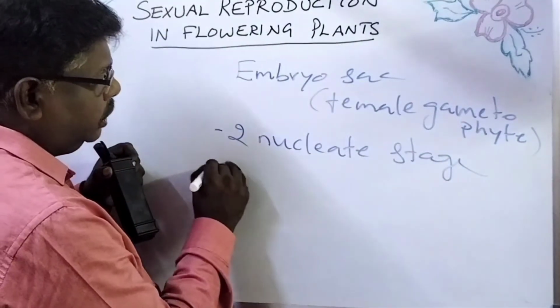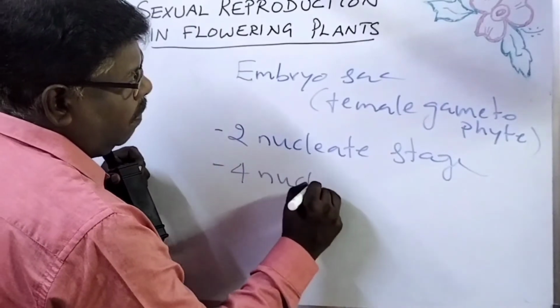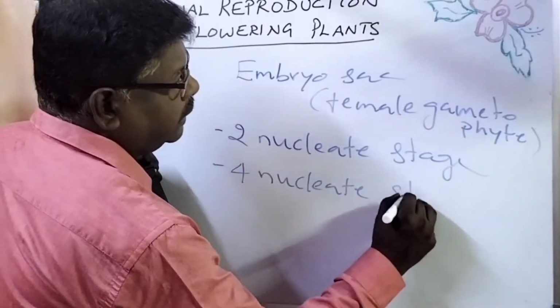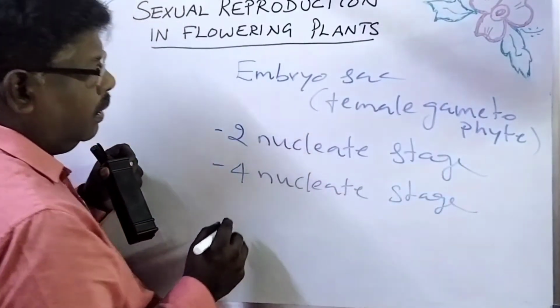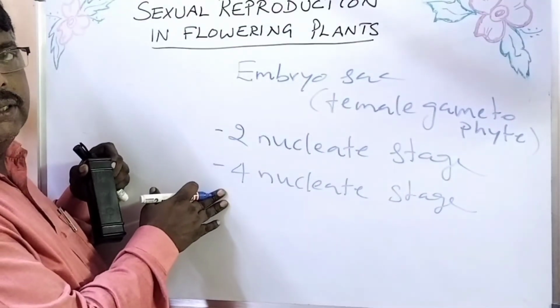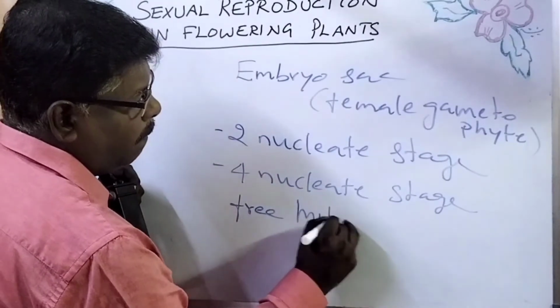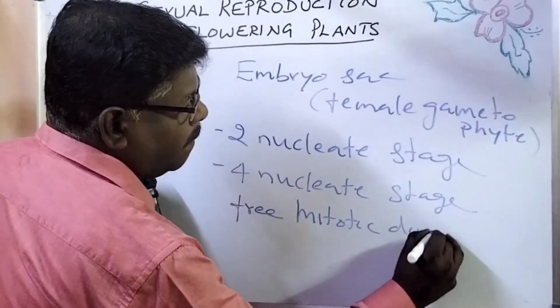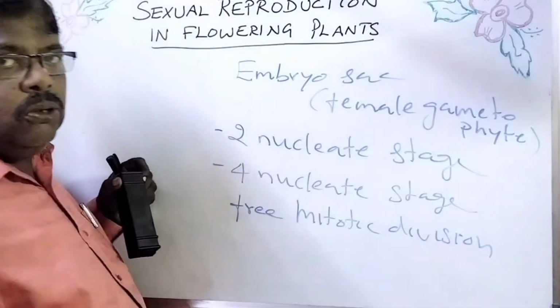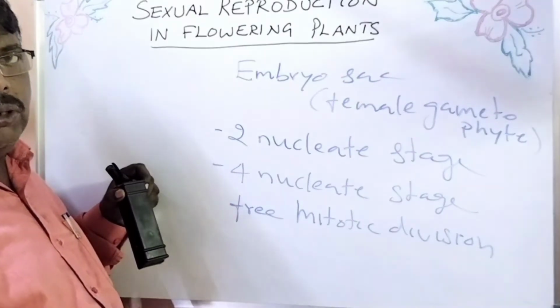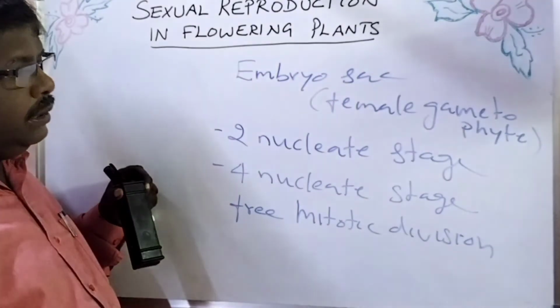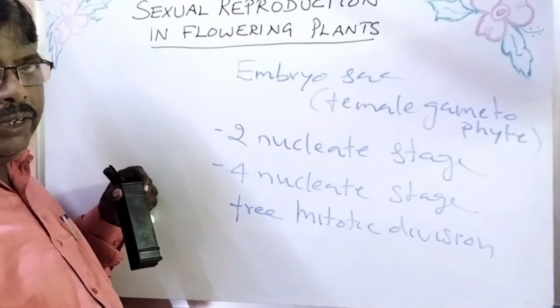Two nucleate stage, four nucleate stage, and till this it is free mitotic division. That is, no cell wall will be formed, no cross walls will be formed. Till then the nuclear division is free.